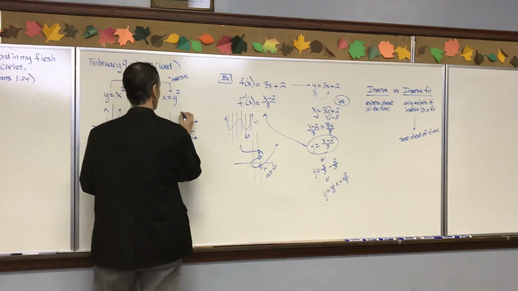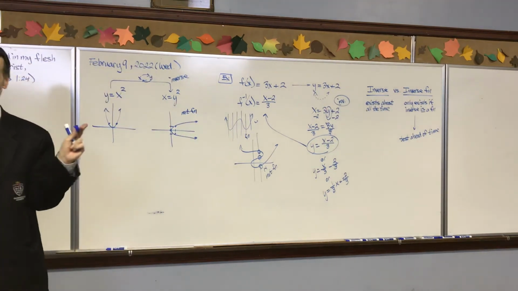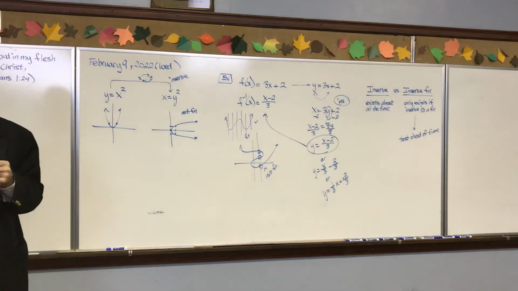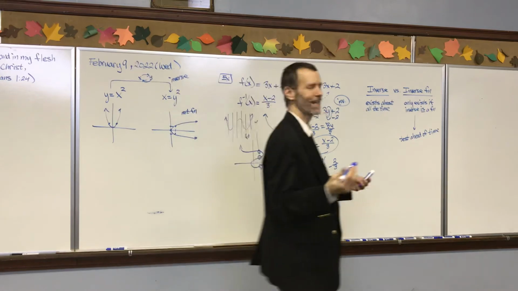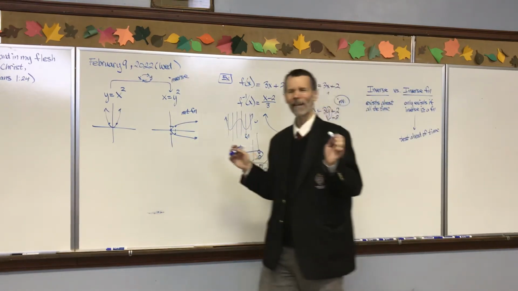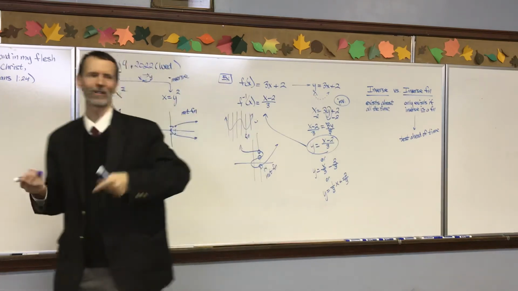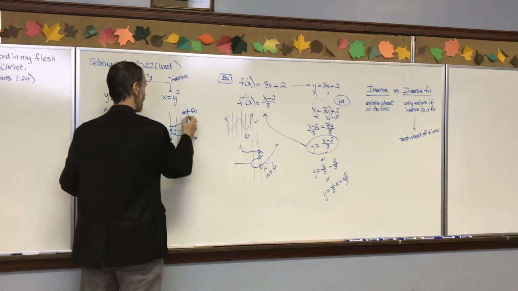No, it's not a function. It's an inverse, but not an inverse function. See the difference? You can invert almost anything, but the inversion might not be a function when you're done. How do you know it's not a function? It doesn't pass the vertical line test.